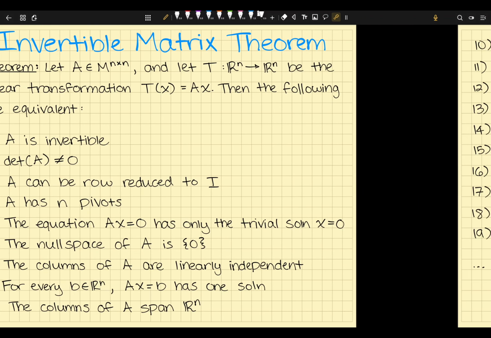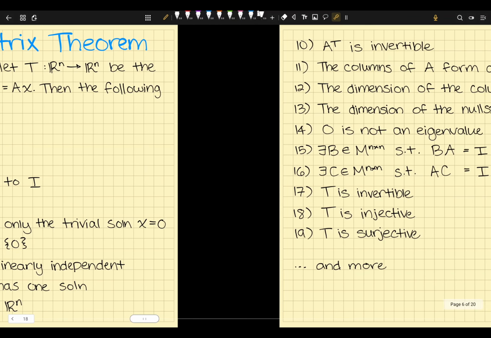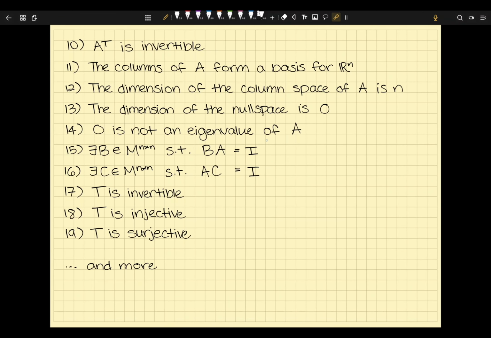All right, so we'll go on to the next page. Here's 15 and 16. These are the definition of invertibility. If A times some B gives you the identity, then necessarily B is the inverse of A. So of course A is going to be invertible in that scenario, and the same goes for the other: A times C equals the identity.